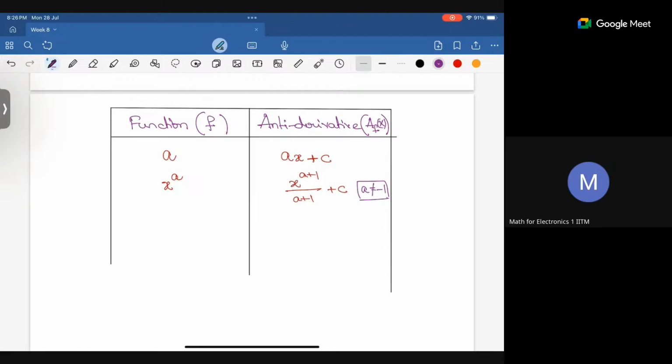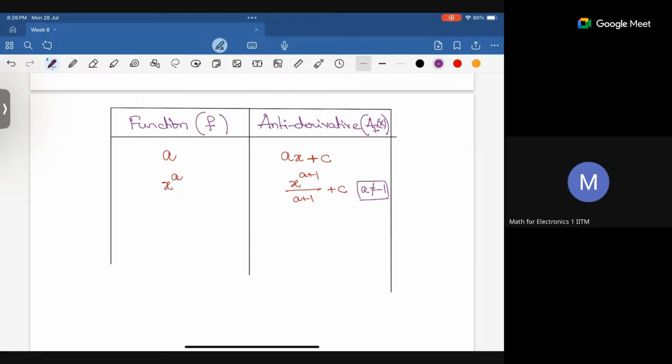And we will see what happens if a is minus 1. If a is minus 1, it will be 1 by x, and we'll see what the integral of 1 by x is, maybe within a week. It will give rise to a new function which is called the logarithmic function. But apart from a being minus 1, if it is anything else, this will be the antiderivative.